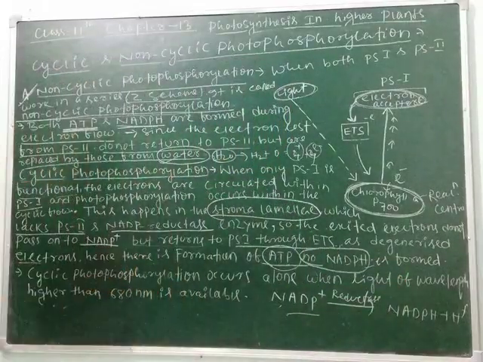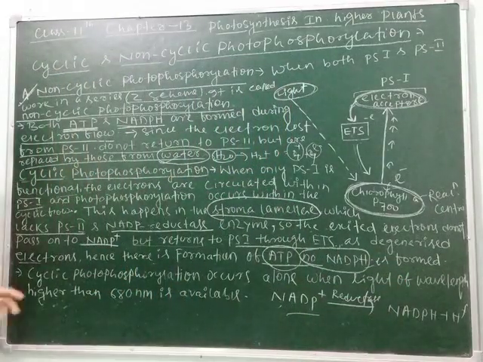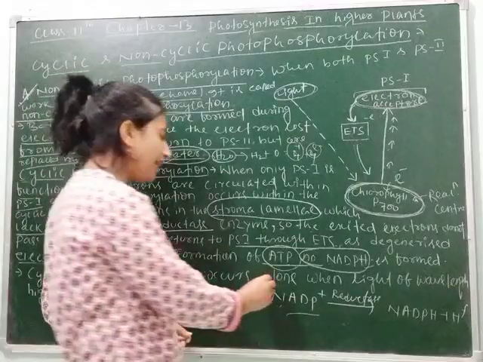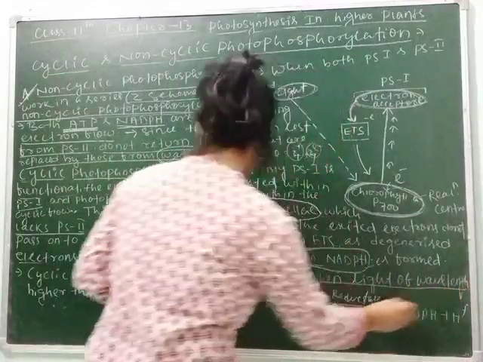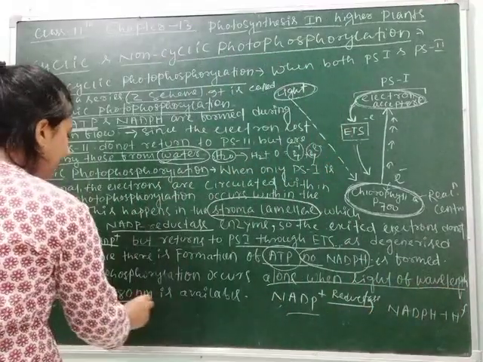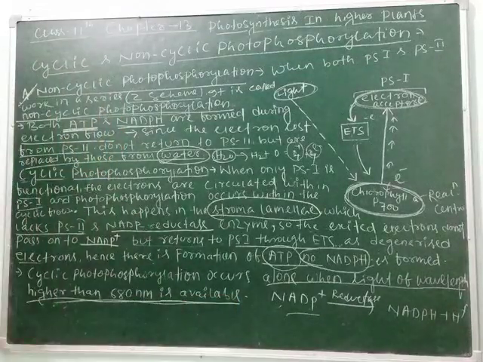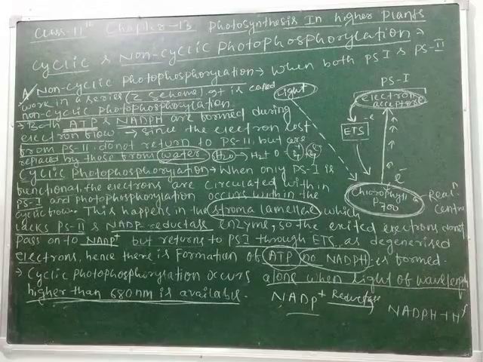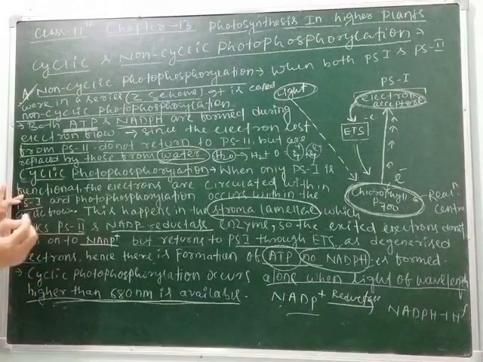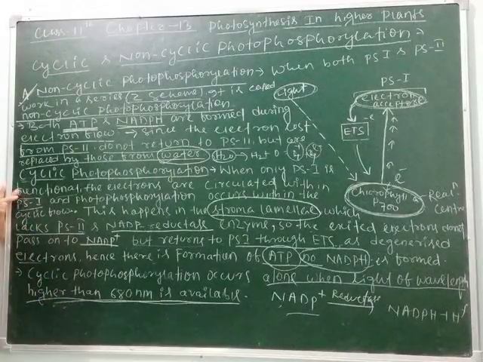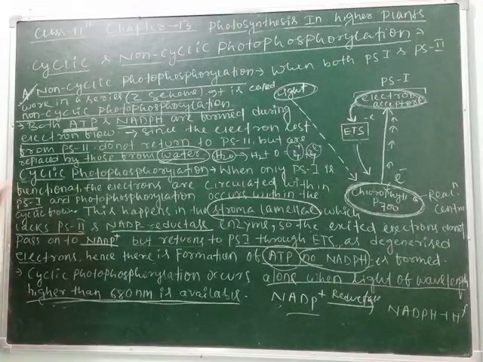And cyclic photophosphorylation occurs alone when the light wavelength is higher than 680 nanometer, which I already discussed with you, that how PS1 plays an important role in cyclic photophosphorylation.